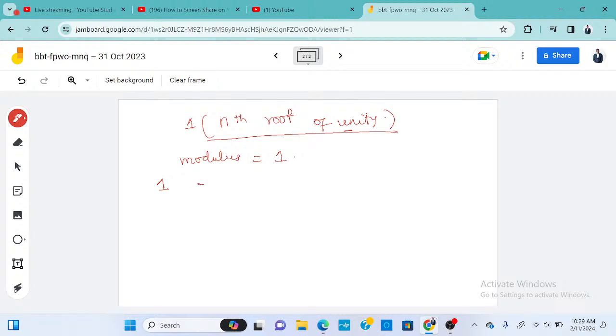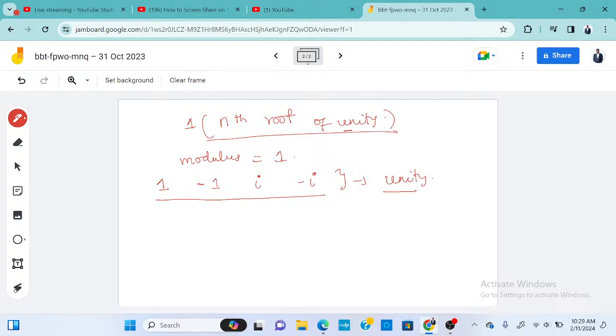You can have -1, also a pure real complex number. We can also have i, which is a pure imaginary complex number. Then finally, we can have -i. So these 4 are what we call unity, meaning they all have a modulus of 1. That is why we termed them unity.